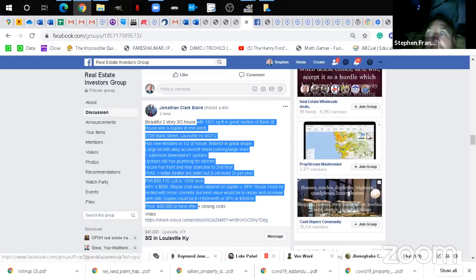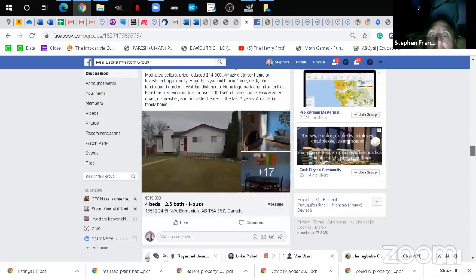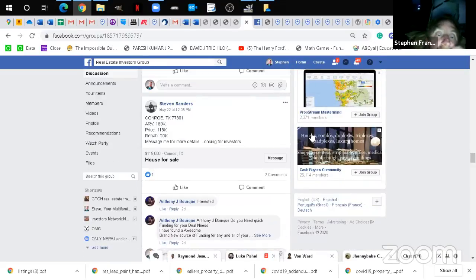Usually what I'm used to seeing, and of course it didn't show me one now, is this: ARV, price, rehab, message for details. That's not enough for me to even decide if I want to look at it. I mean, I have decided on this one that 180, two-thirds of that is 120. He wants to sell it to me for two-thirds of that.